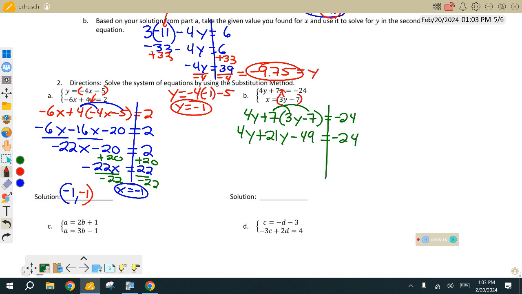Okay, keep at it. You gotta add like terms. And like terms, you're on the same side, right? Combine like terms, 4y and 21y. Don't change your signs. They're on the same side, and when Jayla said add like terms, that means just add them up. 4 plus 21. Keep the sign. 25y.